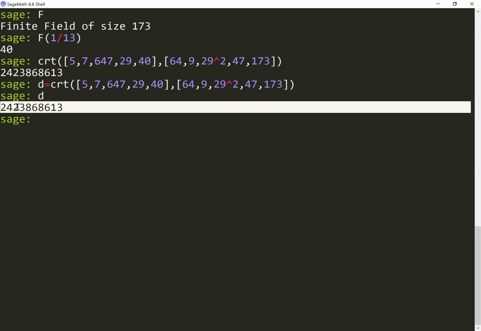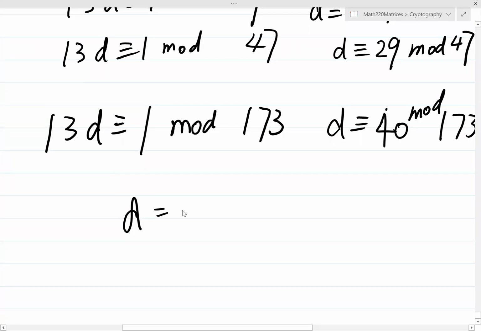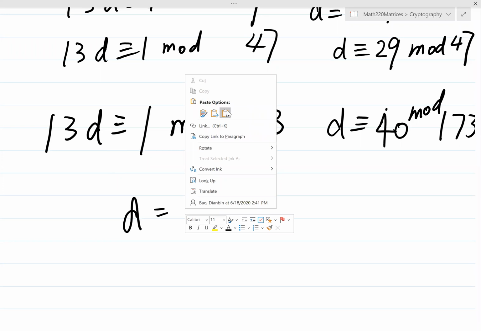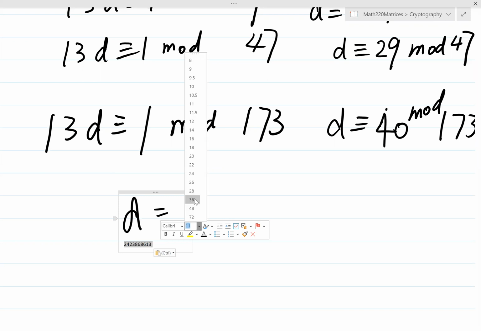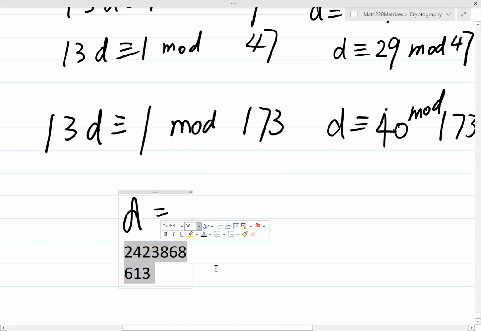So for this example, Alice's private key is this D. Remember what we did?